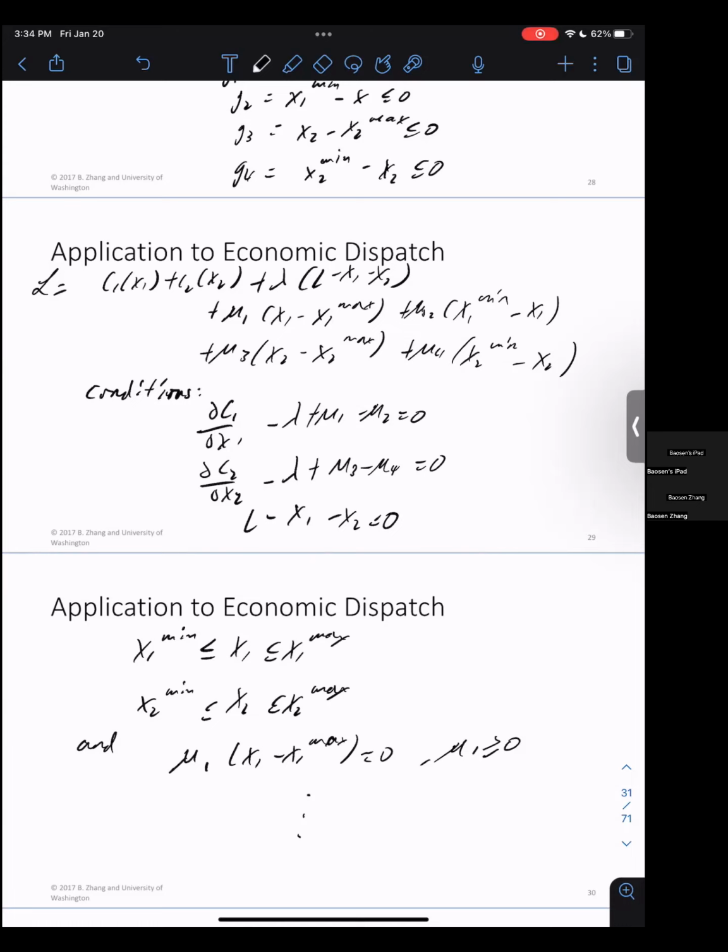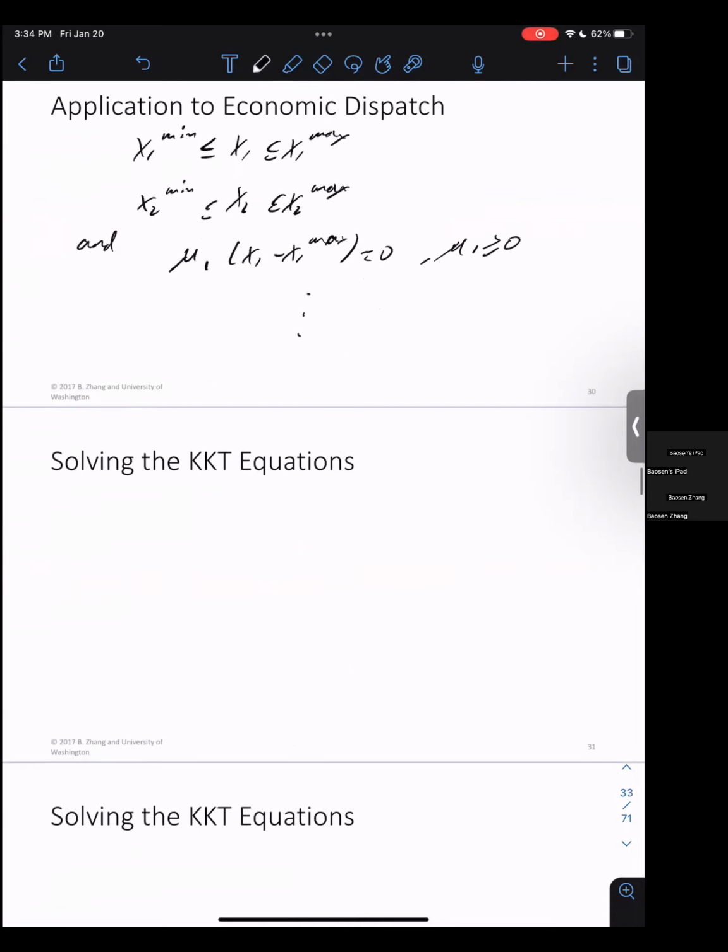I will not engineer a problem where everything is tight. That's not nice. So guess no constraints are tight. Nothing is binding. You just solve the problem as normal.